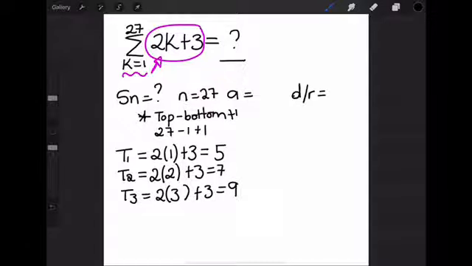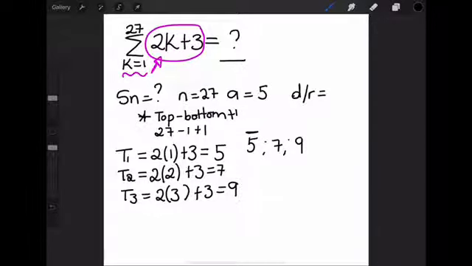As you can see, we have our first 3 terms of our sequence, which would be 5, 7, and 9. From this, we can automatically see that our A value is 5.